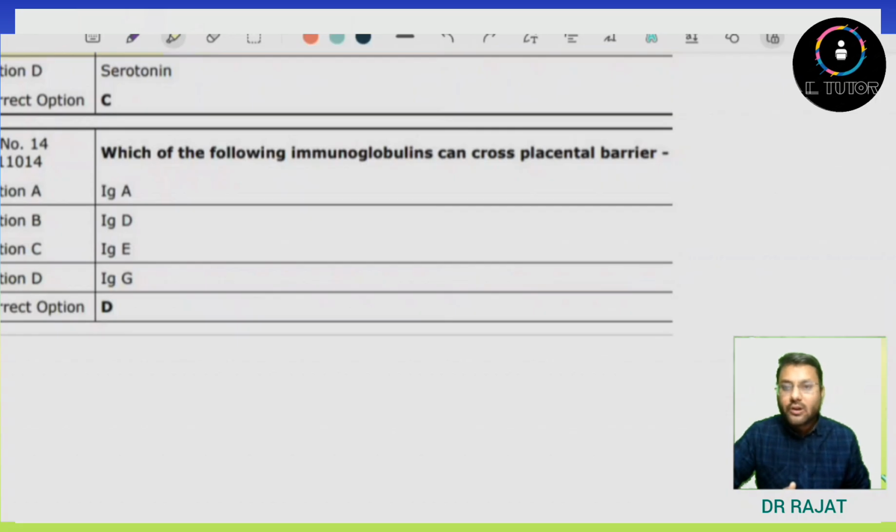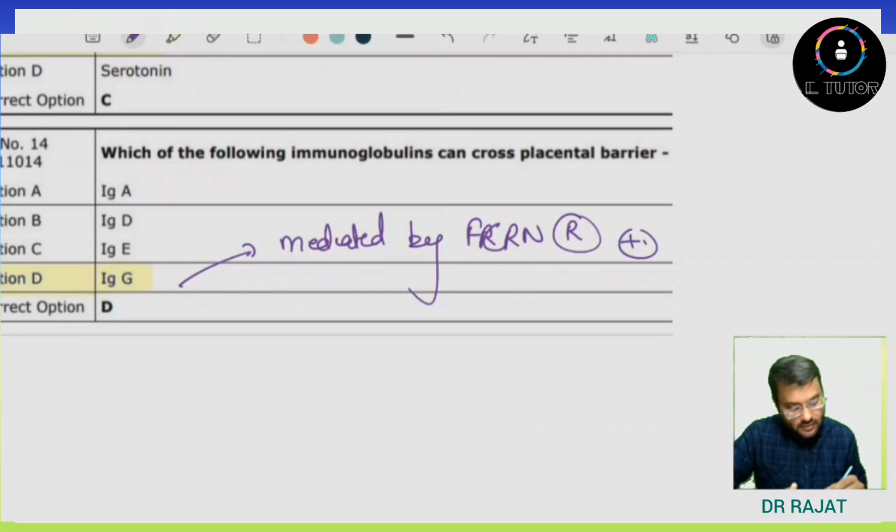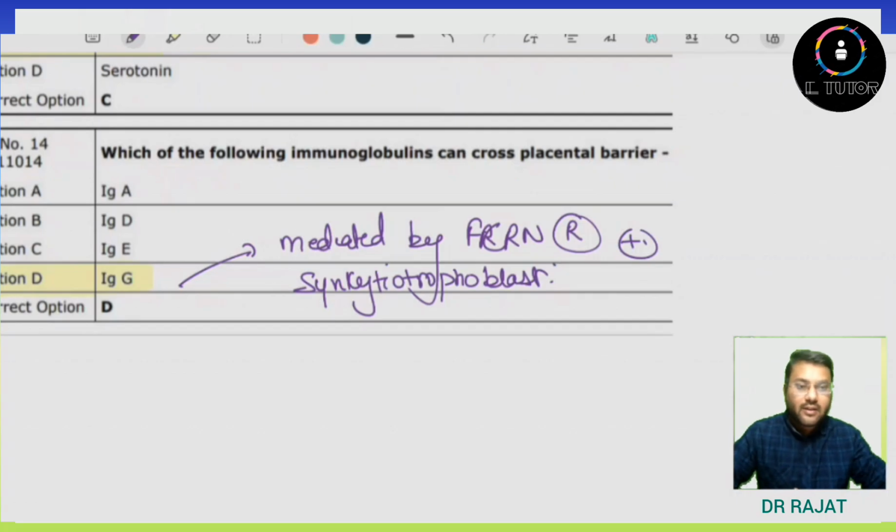Among the immunoglobulins, only IgG, option number 4, can cross the placental barrier because it is mediated by FcRn receptors which are present on the syncytiotrophoblast. So only IgG can cross the placental barrier.